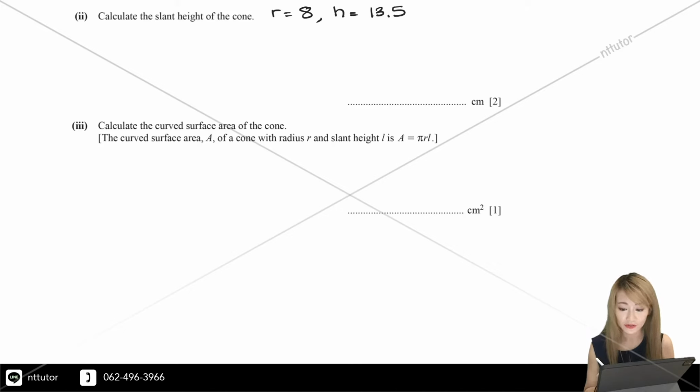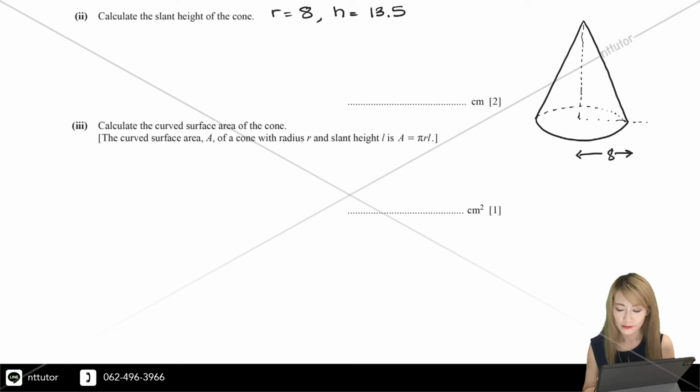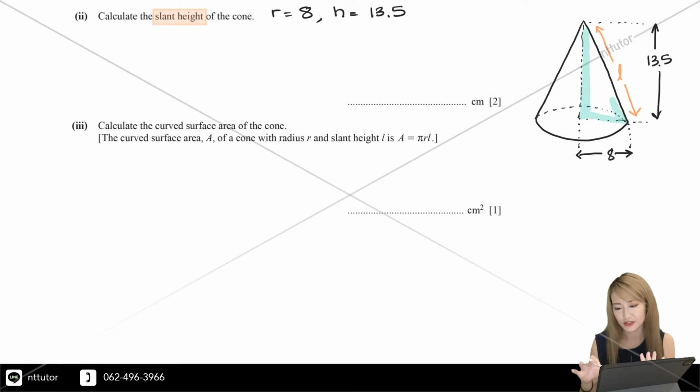So if you sketch the cone, it looks like this. And the slant height is the length over here. So we want to find that length. And if you take the cross section of the cone, half the cross section, it makes a right angle triangle. So we can use Pythagoras to work out the slant height of the cone.